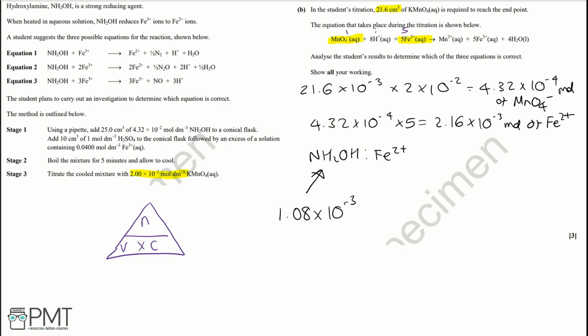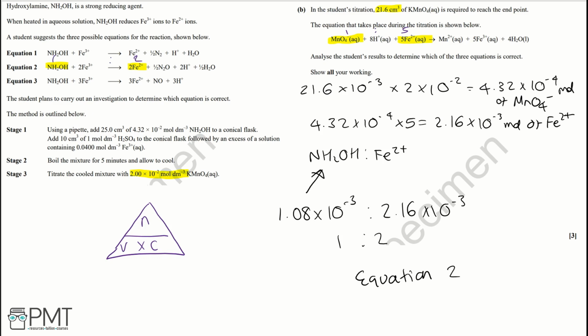So what we need to do is then write the ratio. So 1.08 times 10 to the negative 3 to 2.16 times 10 to the negative 3. Well, that's a 1 to 2 molar ratio. And the only equation that has a 1 to 2 molar ratio of NH2OH and Fe2+ is equation 2. Here I'm just highlighting the molar ratio is a 1 to 2 molar ratio. So therefore we write that it's equation 2.